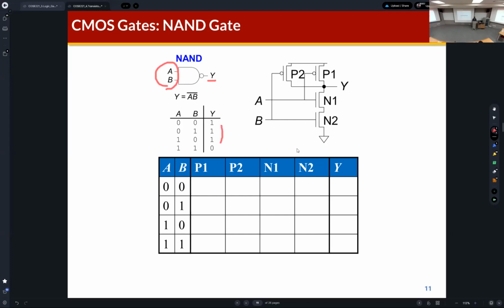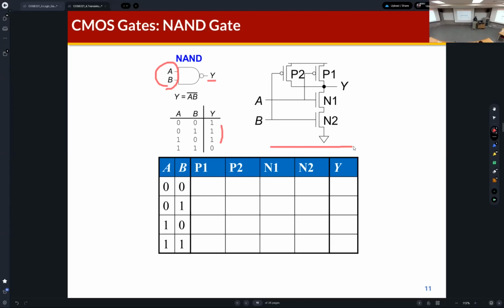And this is the circuit. So we can build the NAND gate. Sorry, this figure is the circuit of the NAND gate.